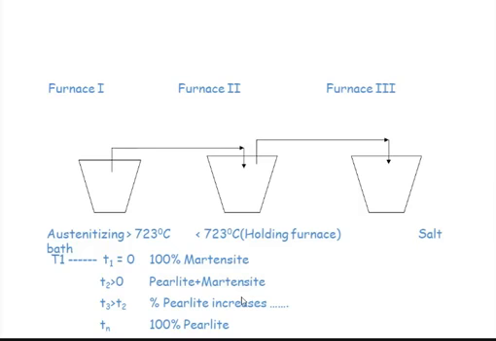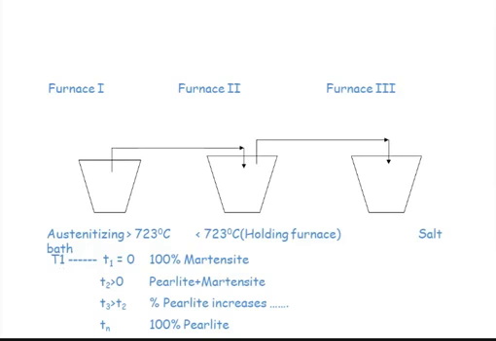By using this virtual experiment, for a given temperature, for example T1, we have obtained the time required for transformation from 100% martensite to 100% pearlite. That is at 727 or 723 degrees centigrade.